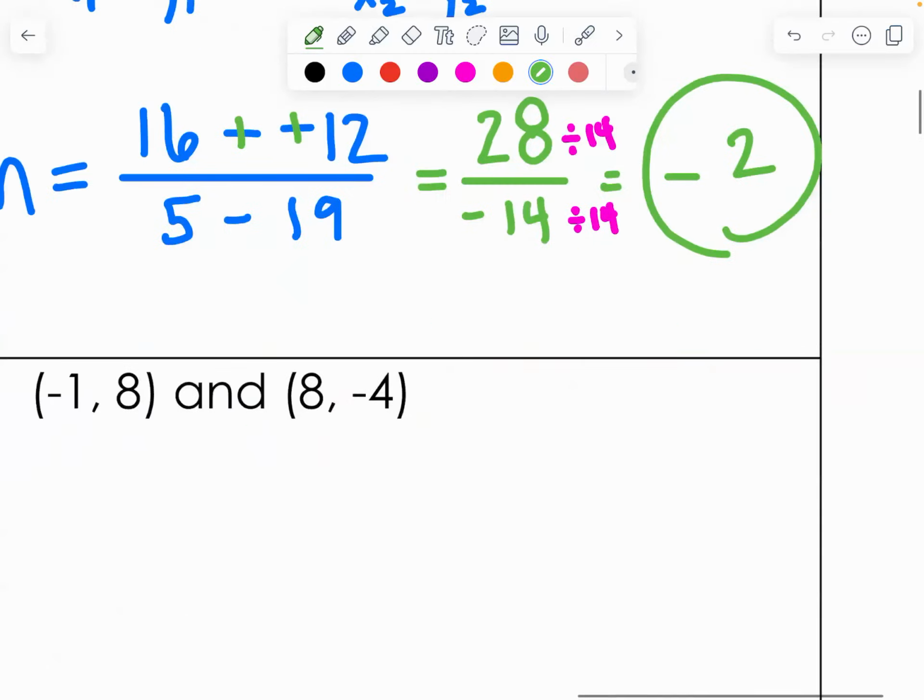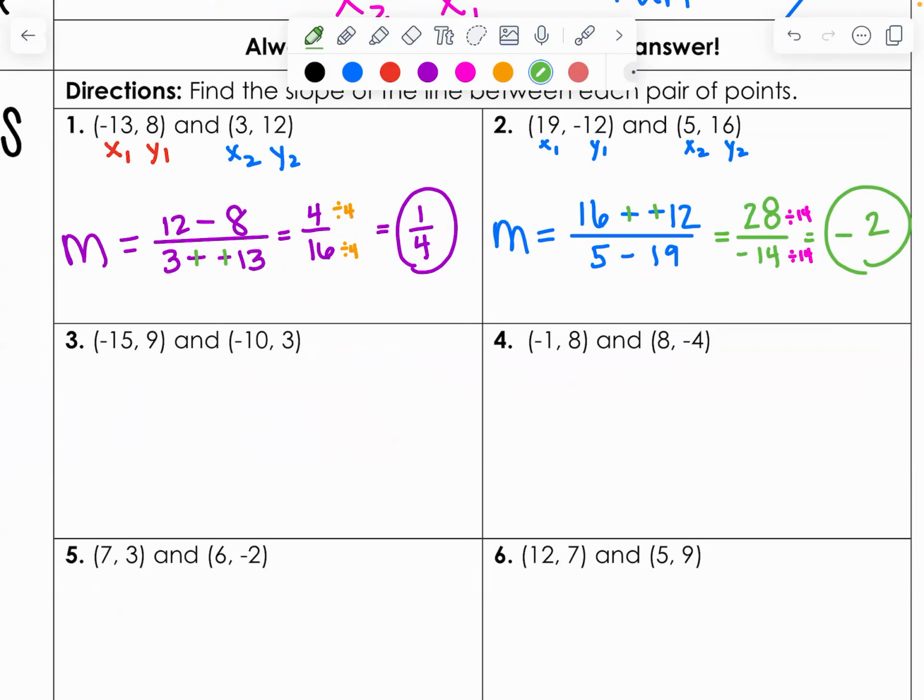I need you to, without me, but you can work with your elbow partner. Try number 3 and 4. Number 3, number 4, and stop. Okay. It is okay if you work with your elbow partner.